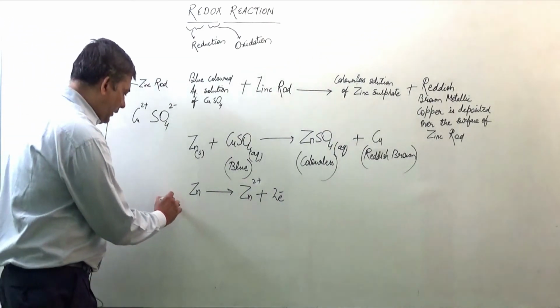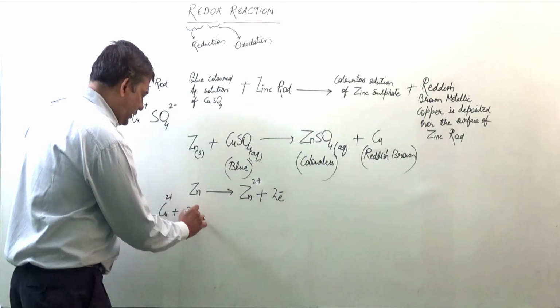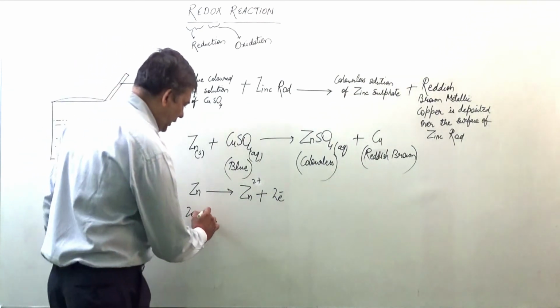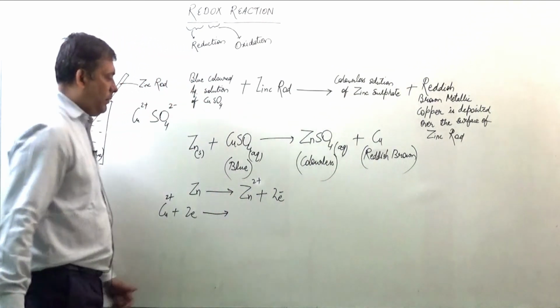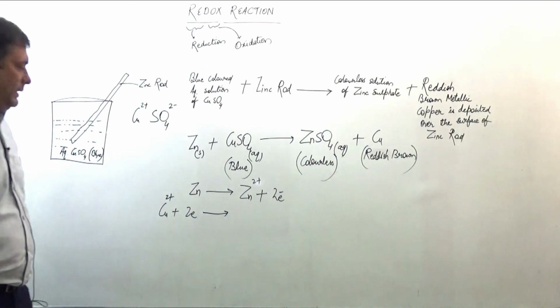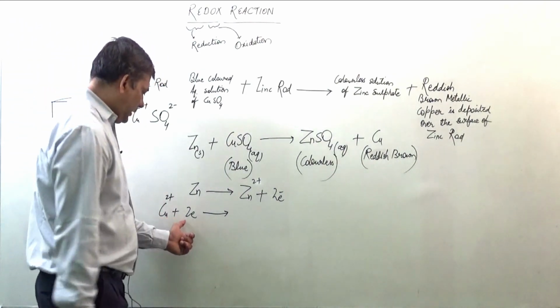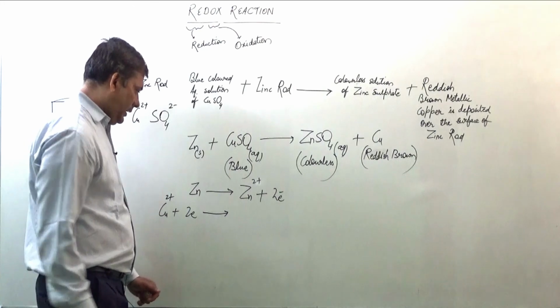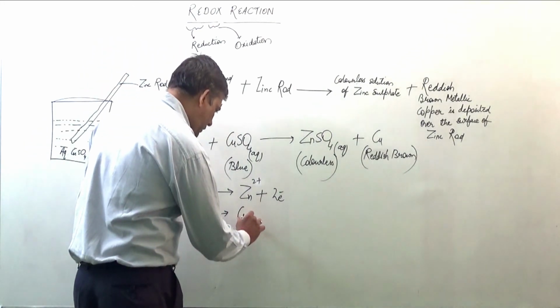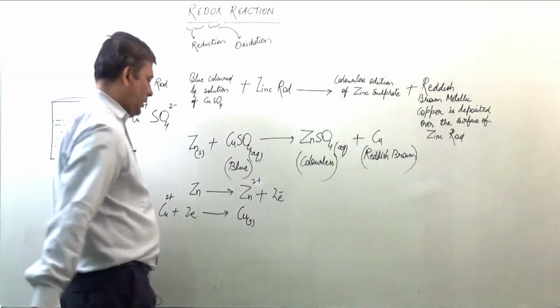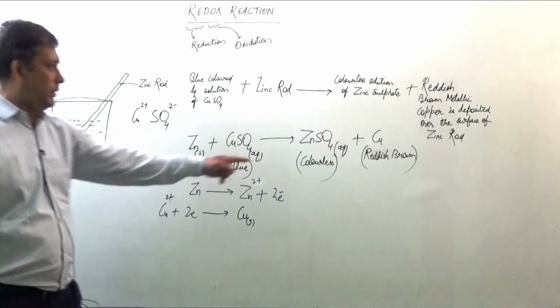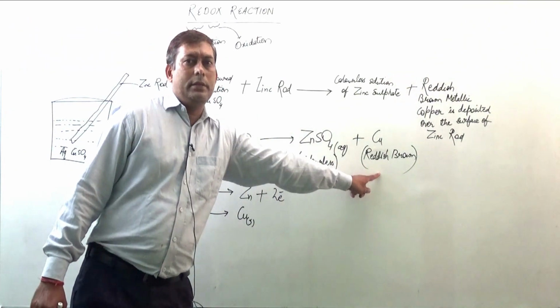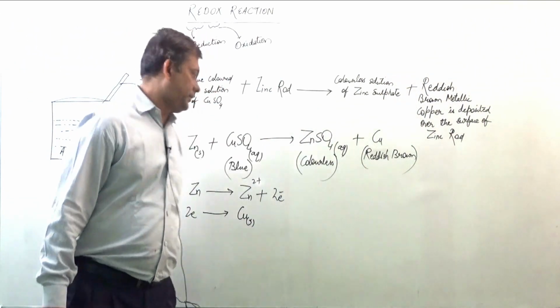So the copper ion accepts the 2 electrons given up by zinc and forms solid copper. That's why we get the reddish brown color.